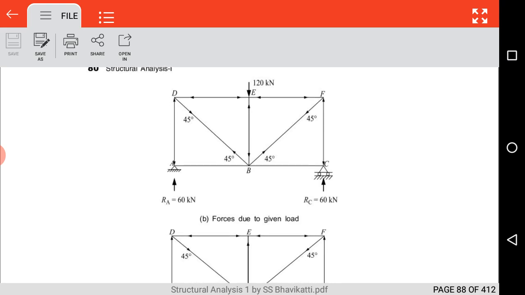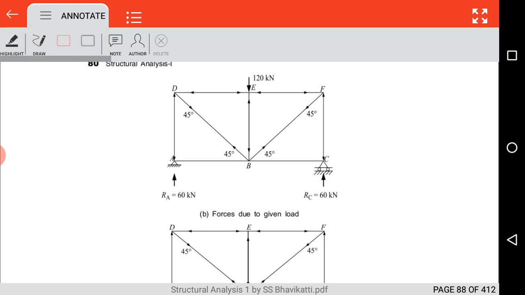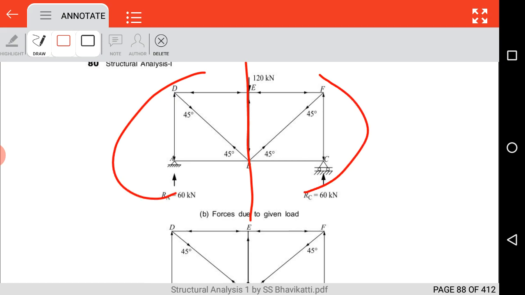So here is the free body diagram, or the diagram which is showing the reactions at the support. Since this truss does not have any horizontal force acting on it, the horizontal reaction at support A will be 0. The 120 kilonewton load is acting exactly at the center of the truss. If I take this section of the truss passing through the center, the left part is a mirror image of the right part.